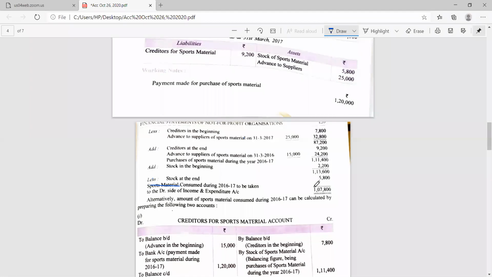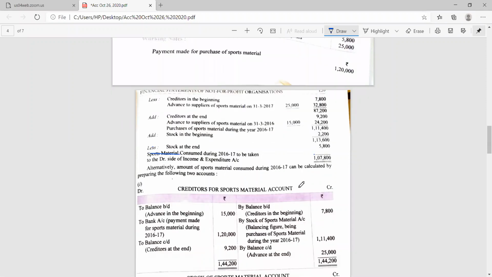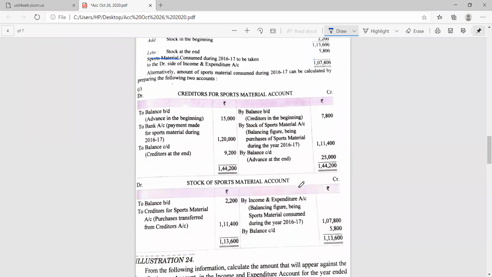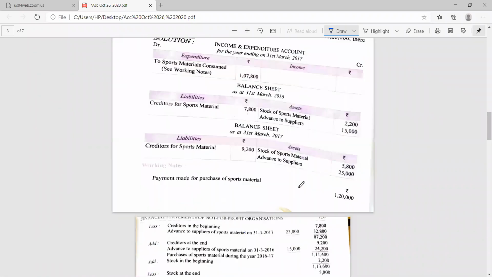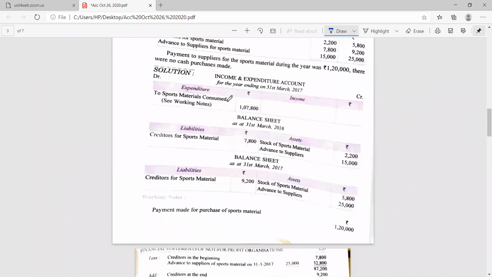Now, when we get this value, the sports material consumed during the year, that is 1,07,800, it is to be shown in the income and expenditure account. See, in the income and expenditure account, this amount is to be shown. And whatever the opening balance is, whether it is related to creditors, stock, or advances, is shown in the opening balance sheet.